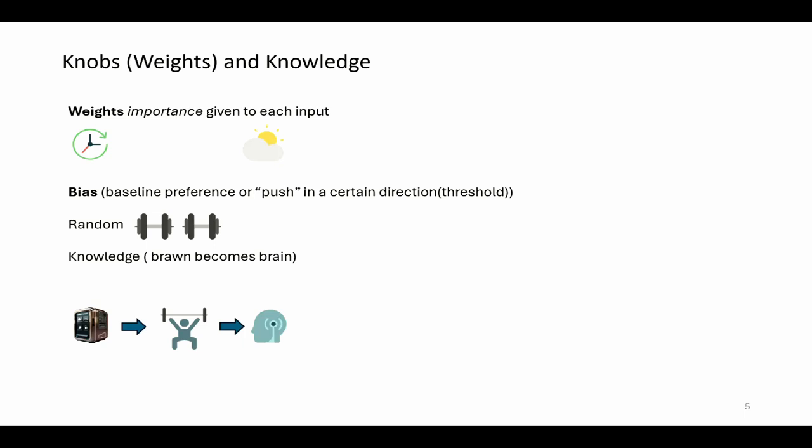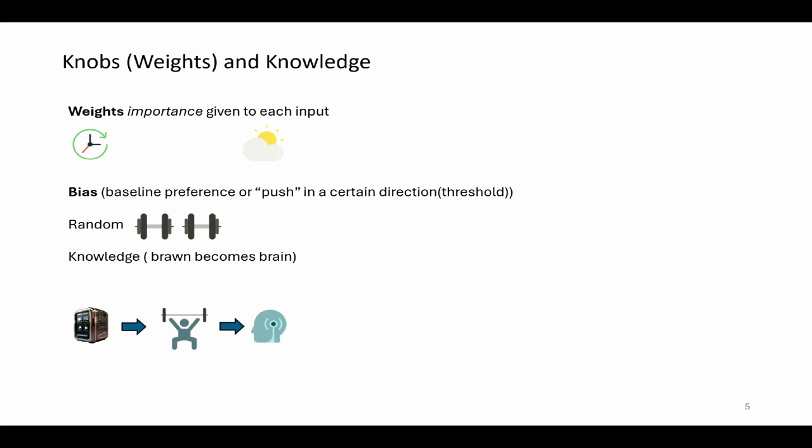Think of a weight as a number, any random number that you assign to the input, and that number can be thought of as the importance you give this particular input. For example, if I say the weight I assign to time is 2, and the weight I assign to weather is 1, that means I think time is 2 times more important than weather, right? Now, it's not 2 and 1, it's usually a bunch of random numbers.